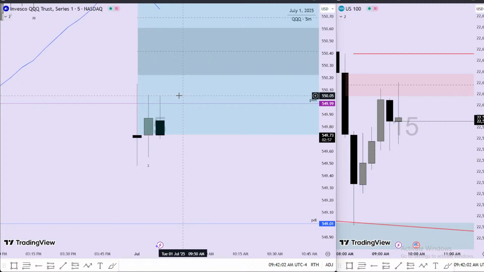We have 3 minutes till the first 15 minutes close. If the first 15 minutes close inside the inside candle, that makes it a very low probability.